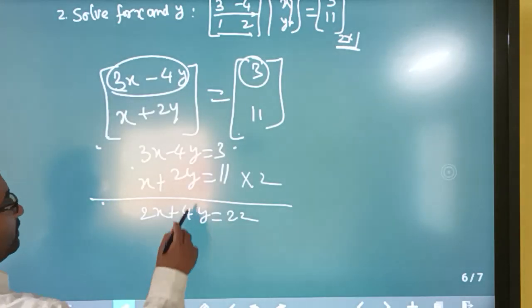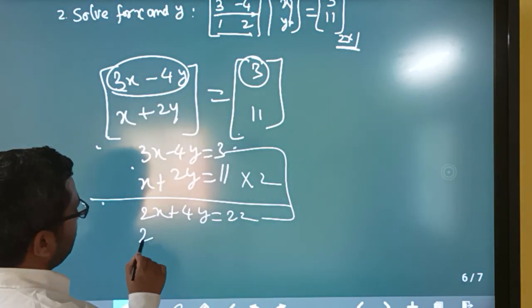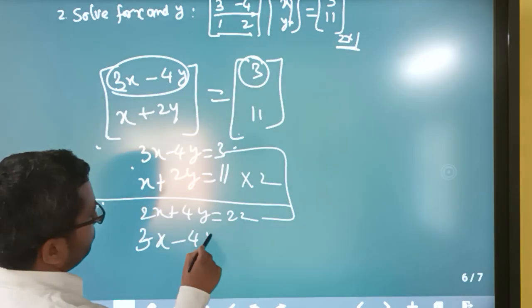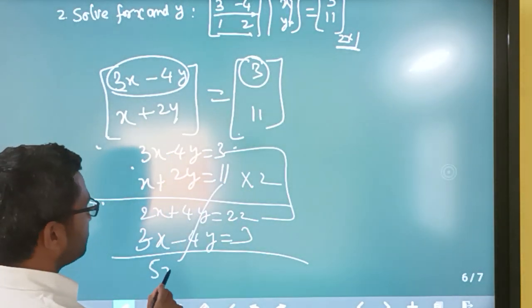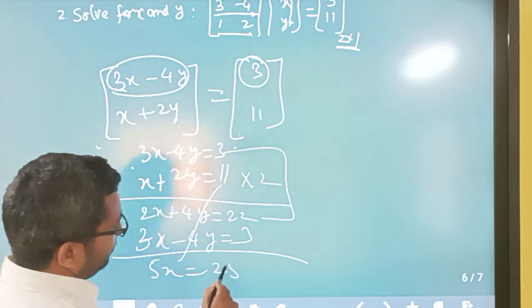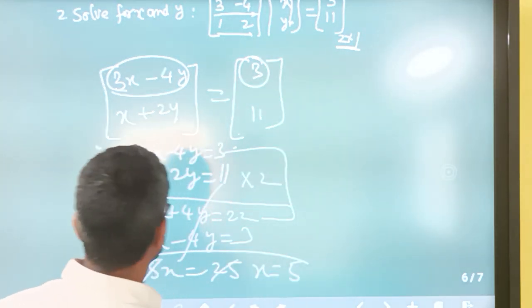Now we add the first equation and this one: 5x equals 25. The value of x equals 5.